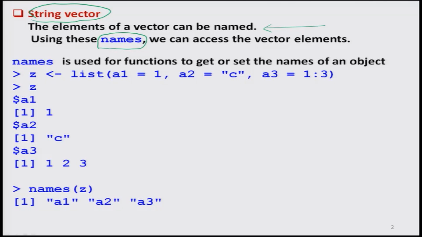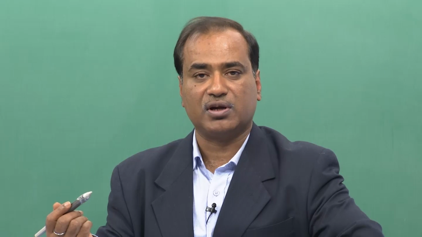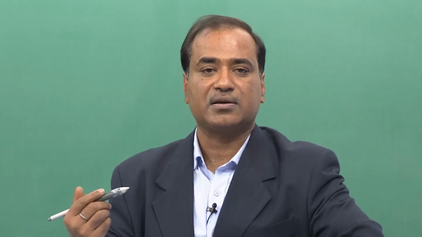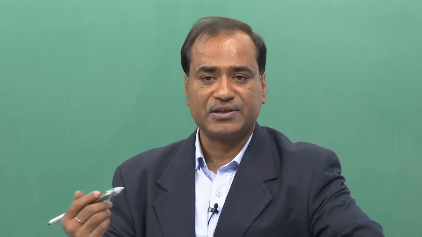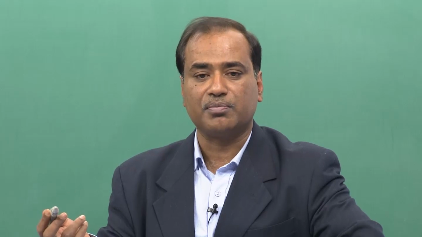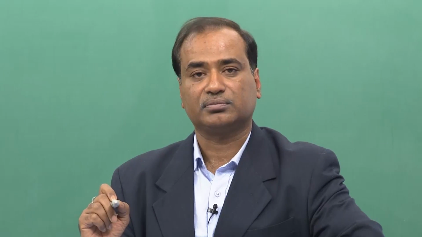What does this mean? You may recall that when you went to your schools and colleges, your parents had given you a name, but inside your college you were given a new name. What was the new name? Your roll number. And as soon as you say your roll number, your unique identity is established.